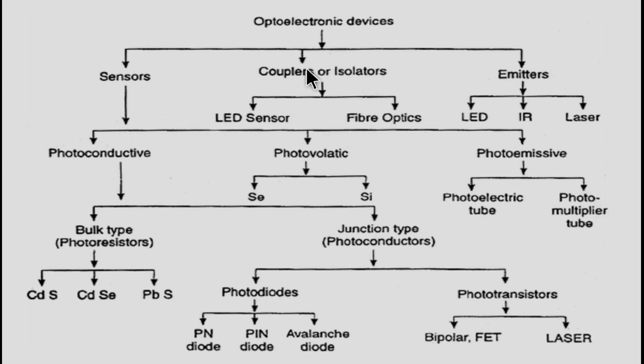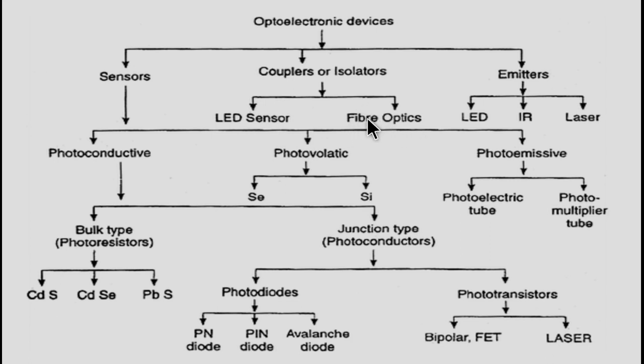The next category in optoelectronic devices is the coupler. We have to couple two optoelectronic devices, which means, in fiber optic communication, we have the input, that is the sending source, which is the LED source sending the information, and this LED is coupled to an optical fiber.